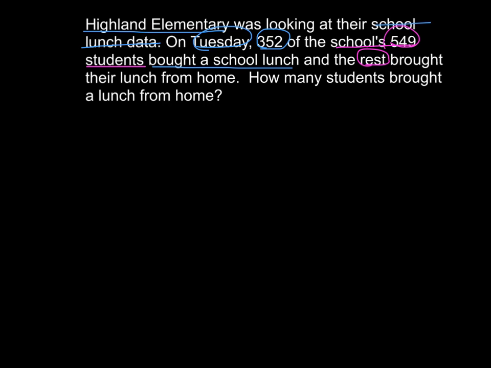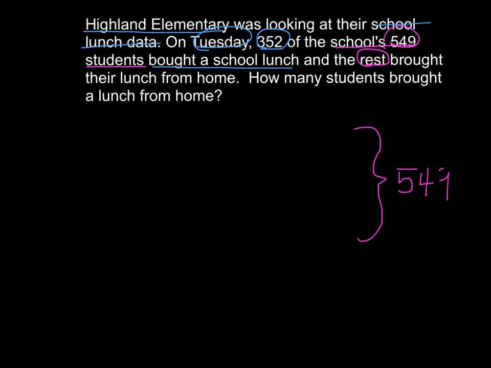So this time I'm going to use option 2, where I'm going to use 2 different bars for this strip diagram. Since I know the total, 549, I know that's going to go on my bracket.